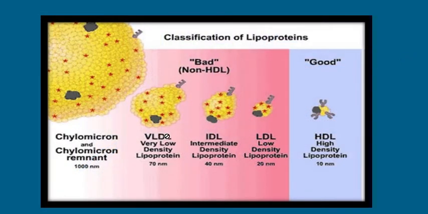And again, chylomicrons are the biggest. They have highest triglycerides. They are 1,000 nanometers in diameter. And we are going to talk about the chyloremnant in a few seconds. VLDL, very low density lipoprotein, 70, then 40, 20, and then the HDL, which has the highest amount of proteins.